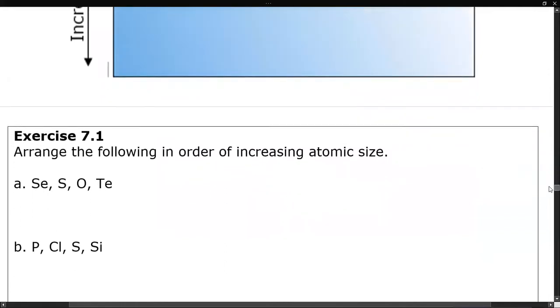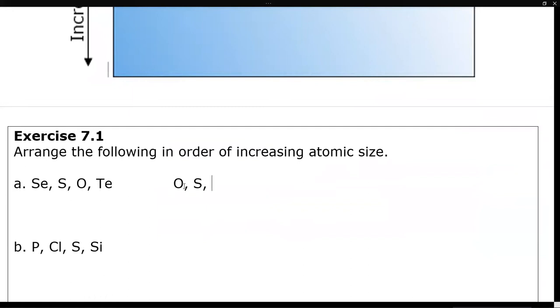So let's consider each of these and decide which of these are the biggest in terms of atomic size of our neutral atom. Now you got selenium, sulfur, oxygen, tellurium. Those are all in the same vertical column, where oxygen's on the top, so therefore would be the smallest. Then sulfur is beneath it on the column, so it would be the next biggest.